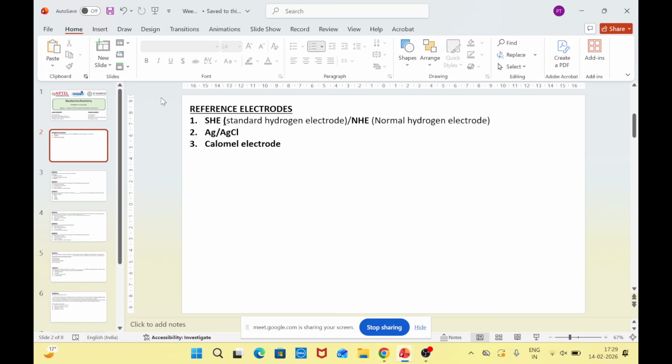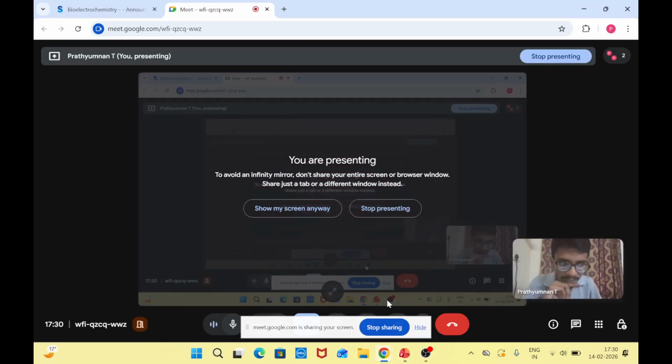It's quite simple. It is better to think from the perspective of the states of matter involved in the construction of the standard hydrogen electrode. Yes, anyone with any answers?